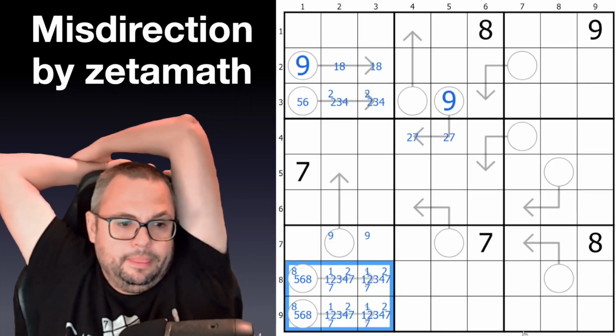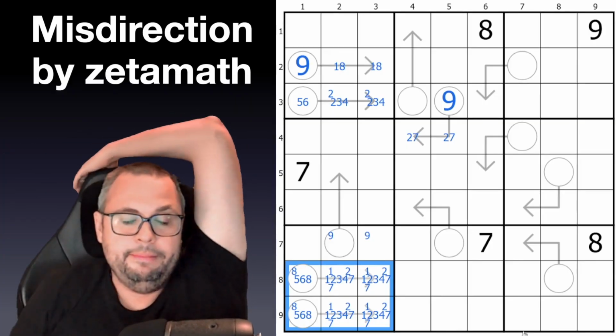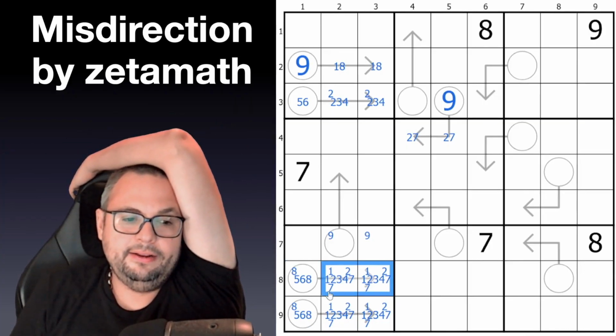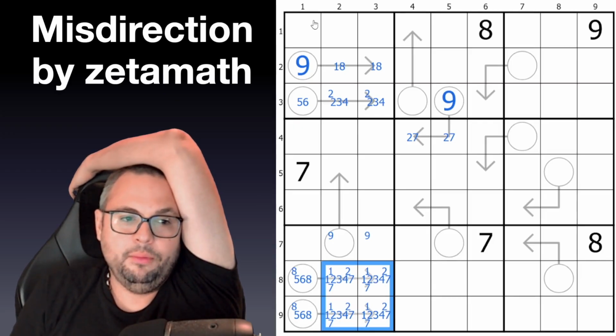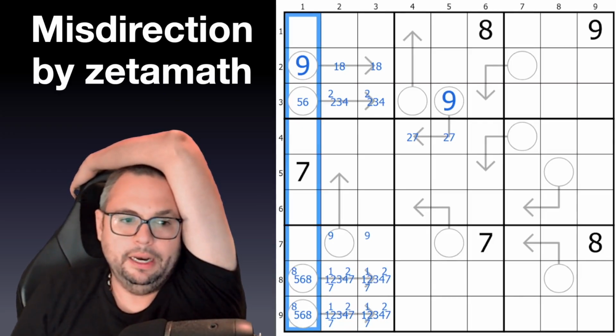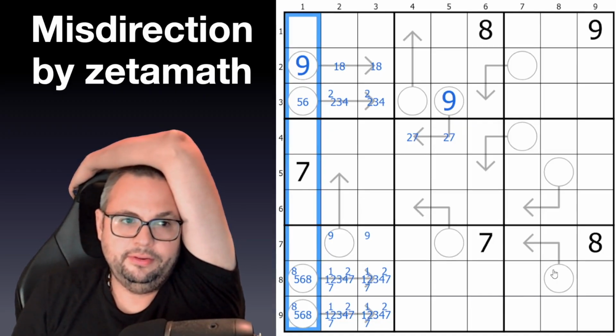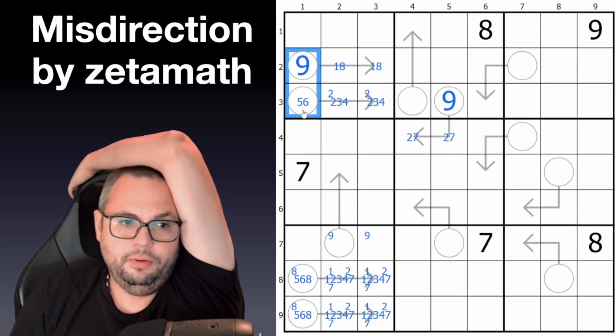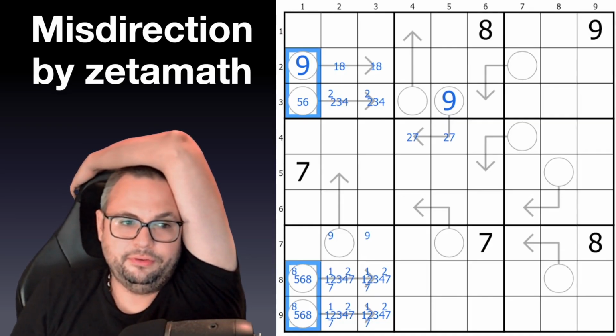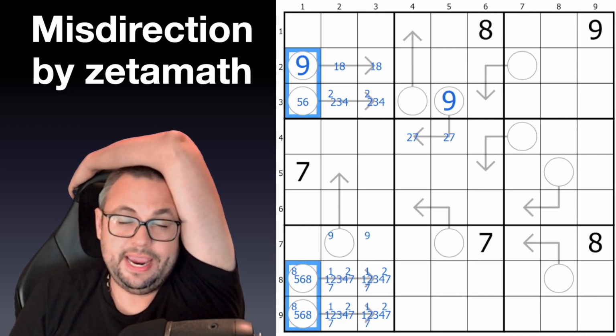But it has a really nice impact in that it has told me actually where the 2 goes in column 1. If you take a second to think about it before I say, where is the 2 going to go? Well, not in any of these cells, because those are, in fact, a 5, 6, 8, 9 quadruple, if you want.